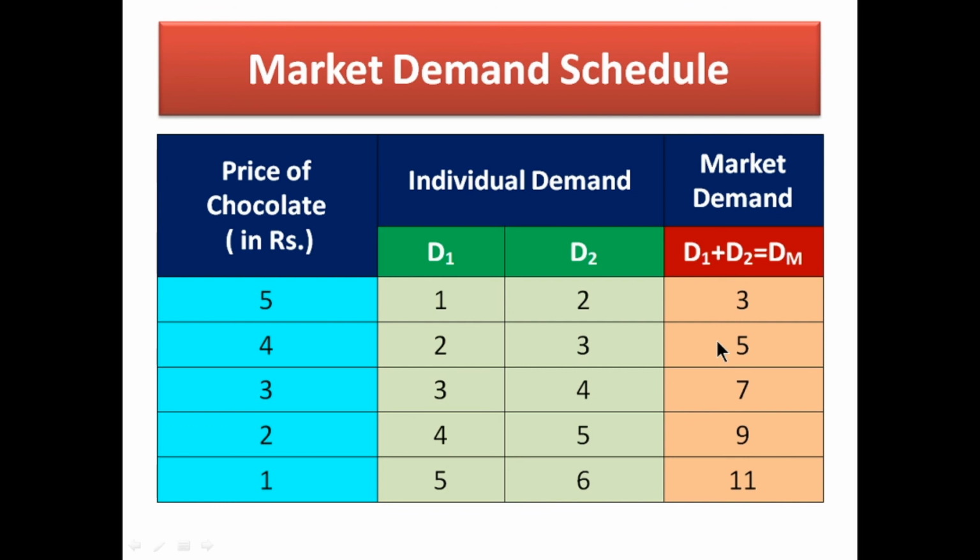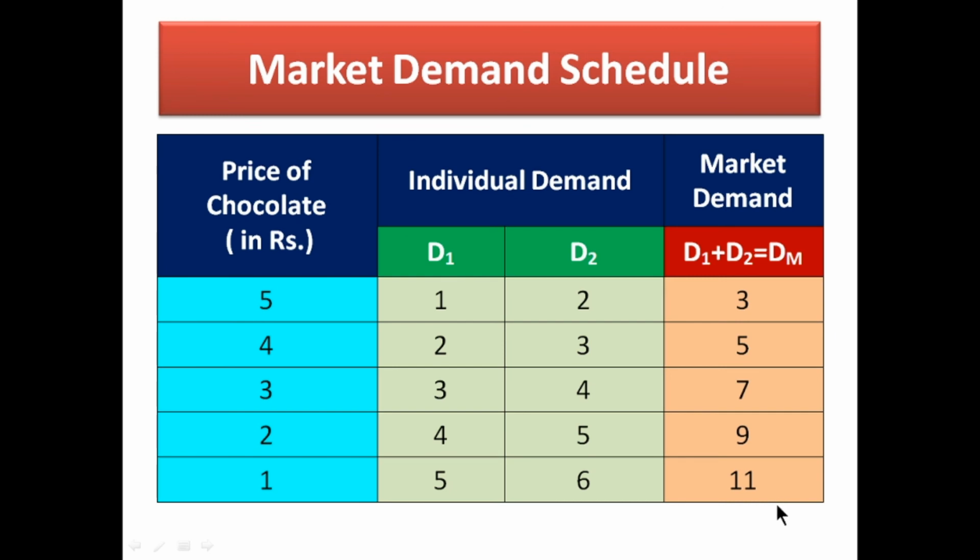So our market demand is 5 units at ₹4. So you can see that price of chocolate and market demand has an inverse relationship because when price falls, then market demand rises. Hence, we can say there exists an inverse relationship between them as per law of demand.